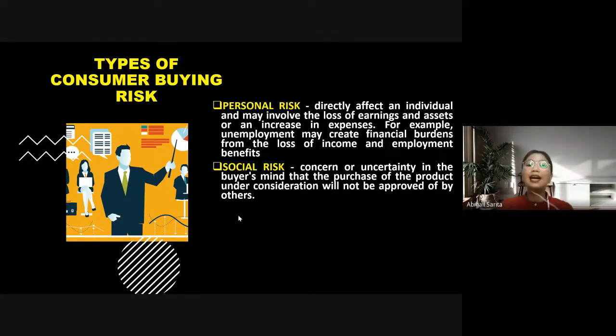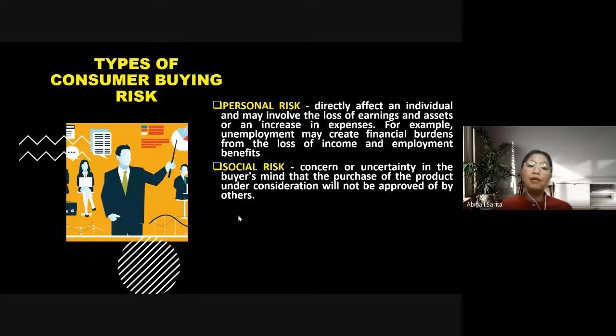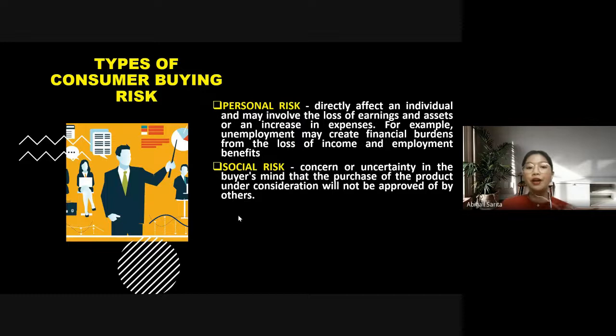Or hindi tanggap ng society yung mga products and services na ina-avail natin. So, that's what we call social risk. Not all people will like your buying preferences or your buying options. That's what we call social risk.